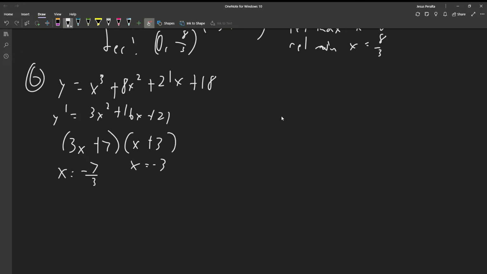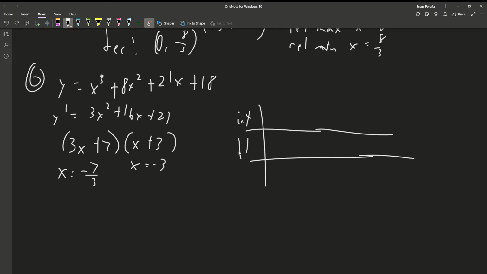So from here, for number 6, we are going to write down our charts. Just got to make it long because you never know. Then we write our number, then our sign, then our intervals: from negative infinity to negative 3, since negative 3 is less than negative 7 over 3; then the interval negative 3 to negative 7 over 3.